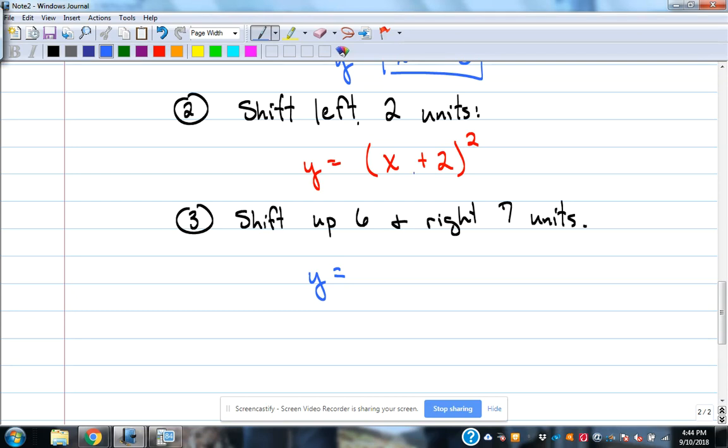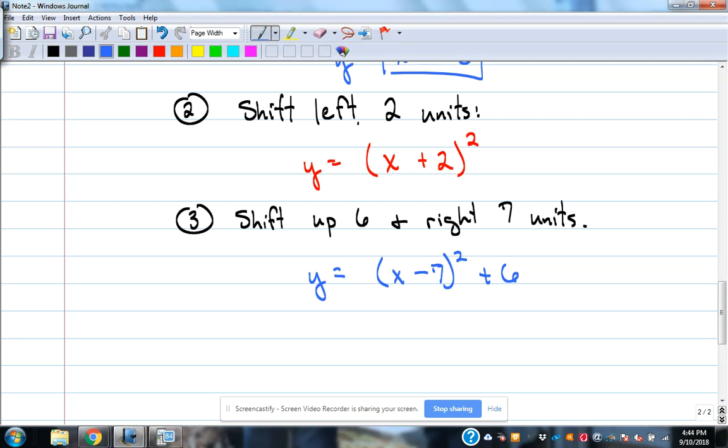So if we got a vertical movement, yeah, the up. And we've got a horizontal one as well, right? So we know if there's a horizontal movement, I got to have some parentheses happening. What happens to x squared to move it right 7 units? Subtract 7 on the inside. And to move it up 6, you're going to add 6 on the outside.